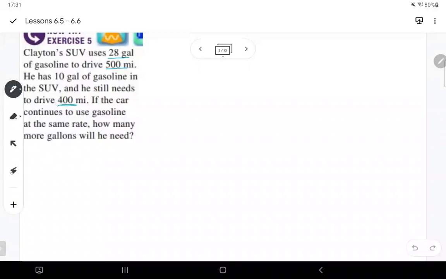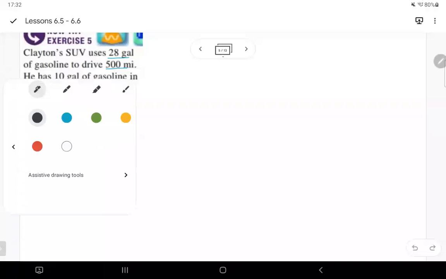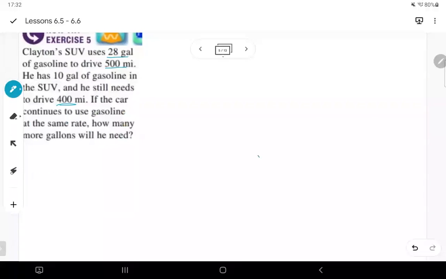Okay, last one. Again, I would suggest cross multiplying. Okay. So I'm going to say we have 28 gallons to 500 miles.